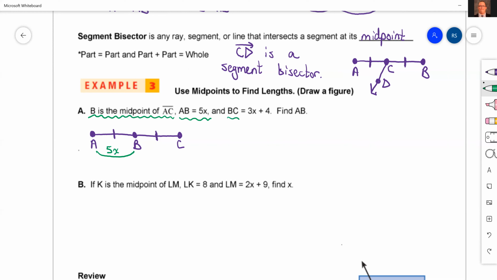Now the next piece. BC equals 3x plus 4. Find AB. So what we ultimately want to get is AB. So we want to find this piece.